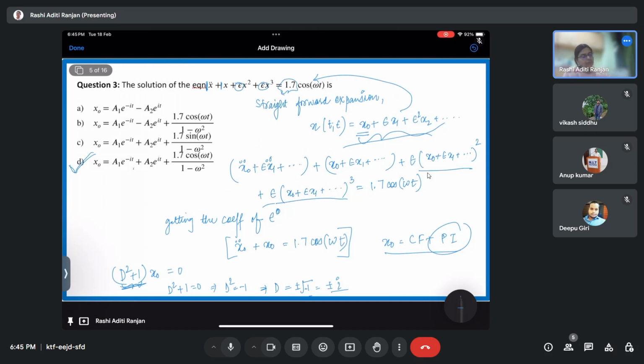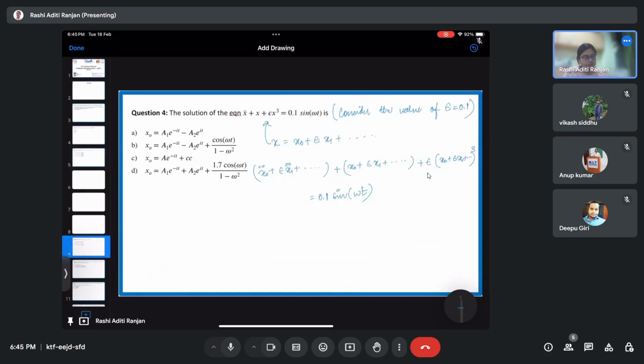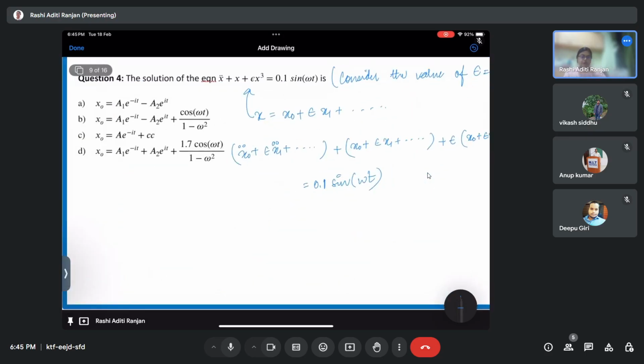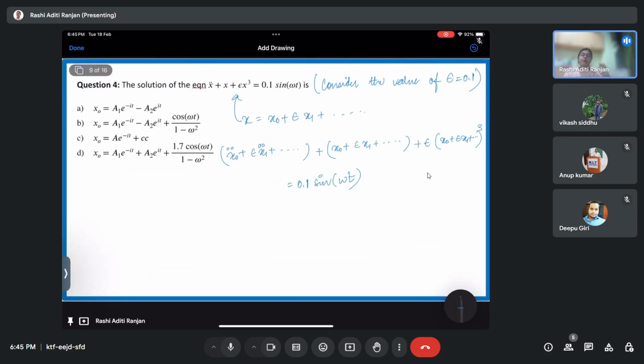But now there are two things. First, the amplitude of forcing is 0.1, which is less than 1. Secondly, what is important is that I have already given in the question that epsilon is equal to 0.1. Right?